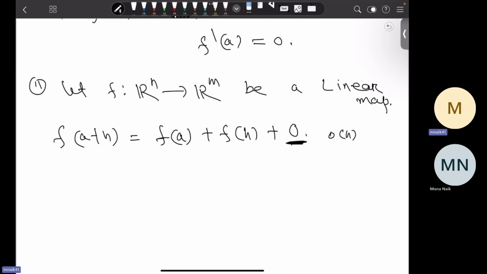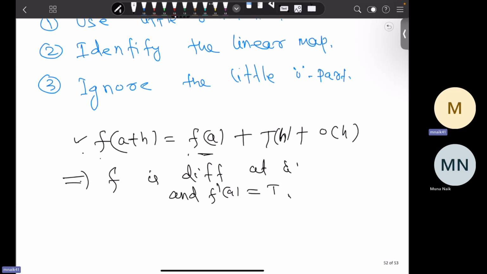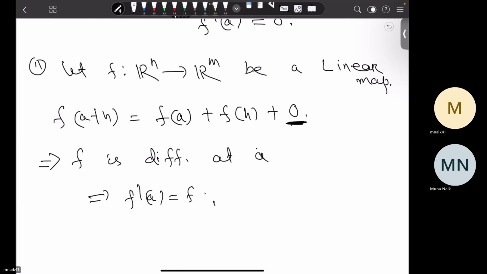If you think for a moment, this is exactly in the form f of a plus h equals f of a plus T of h, with f in place of T. So this implies f is differentiable at a belonging to R^n, and f prime of a is nothing but f. So the derivative of a linear map is again the same linear map.